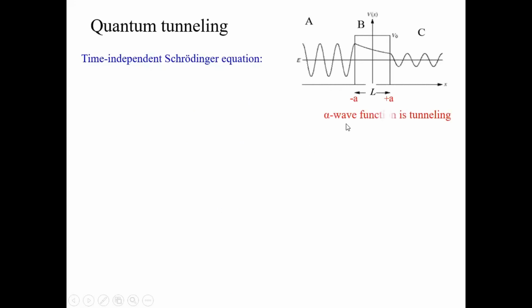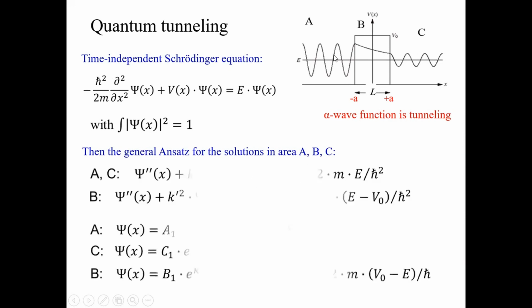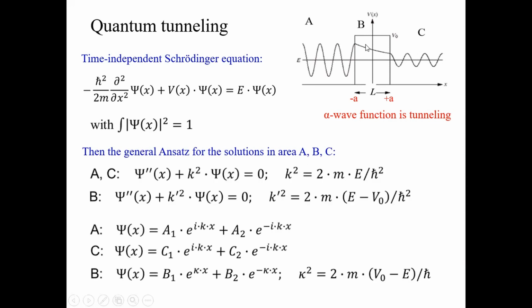So if we look at this schematic, and we go through the time independent Schrödinger wave equation, then we see these terms: the potential and the energy and the normalization condition. Then the general solution in areas A, B, and C. The A area is this, the B area is this, and the C area is this.